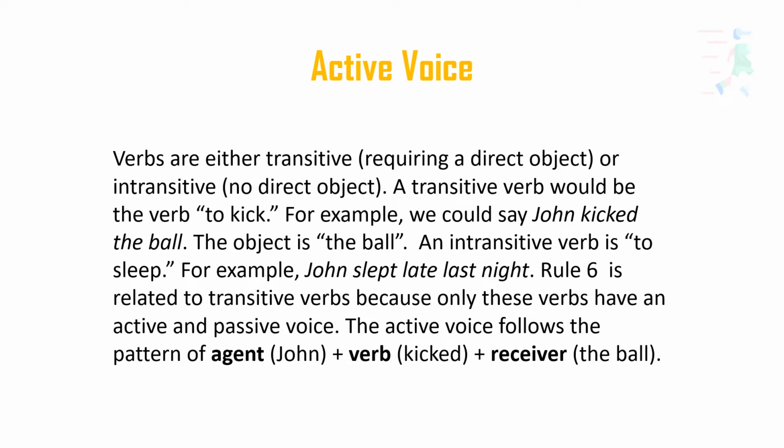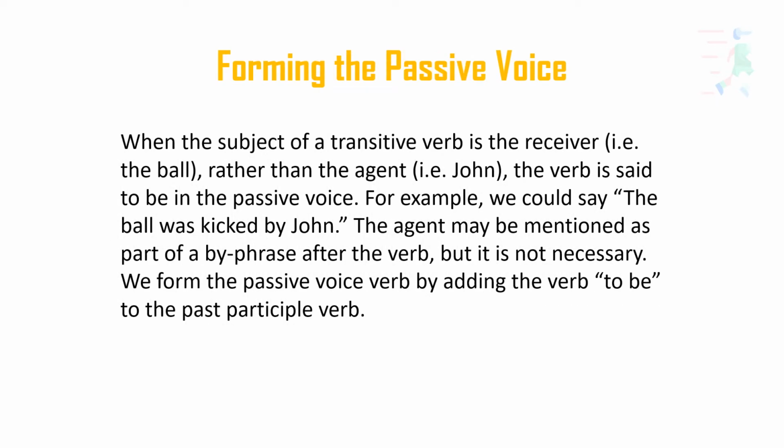Rule 6 is related to transitive verbs because only these verbs have an active and passive voice. The active voice follows the pattern of agent, John, plus verb, kicked, plus receiver, the ball. Now that you know what the active voice is and you know how to form it, let's look at the passive voice.